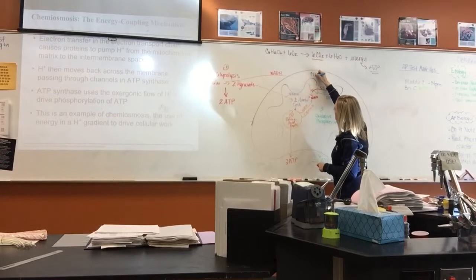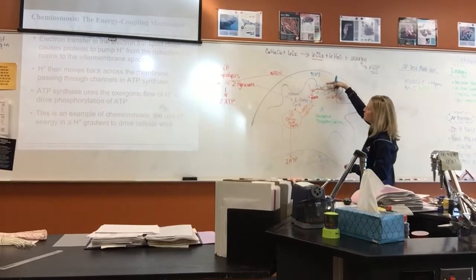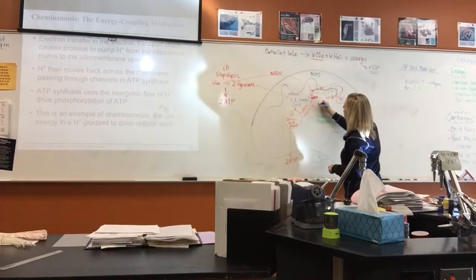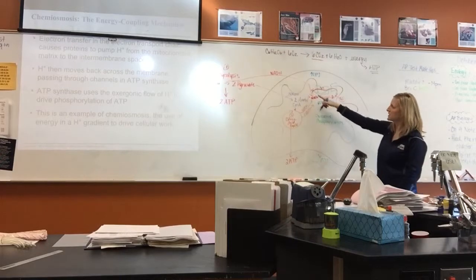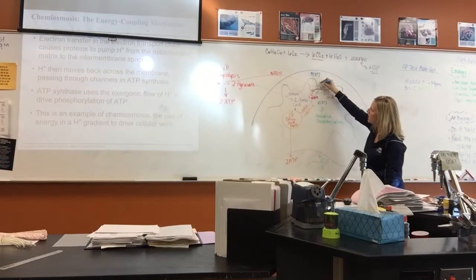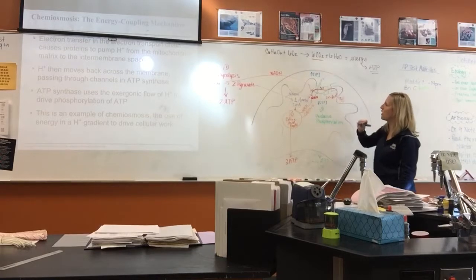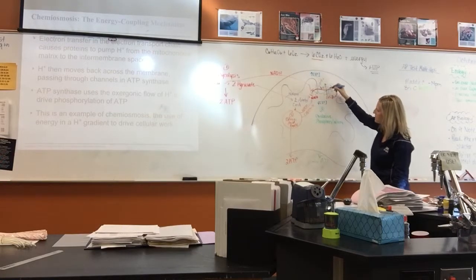We talked yesterday about how there's a high H plus concentration in the intermembrane space and a low H plus concentration in the matrix. When these electrons go through this protein complex, it pumps an H plus across. Then when the electrons go through this complex, it pumps an H plus across.